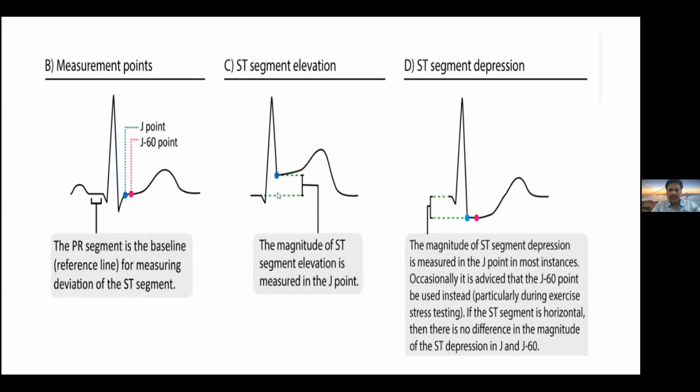As I already told you, from the PR segment most of the time, or the TP segment, you make an imaginary line. If it is above that, we call it ST elevation. If it is below that, we call it ST depression. The J point should be above to call ST elevation, and below to call ST depression.